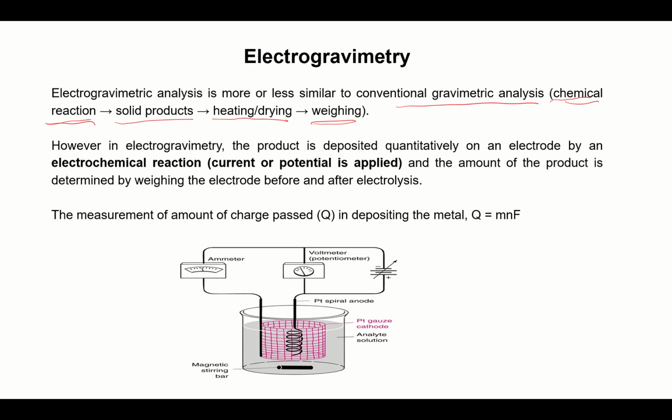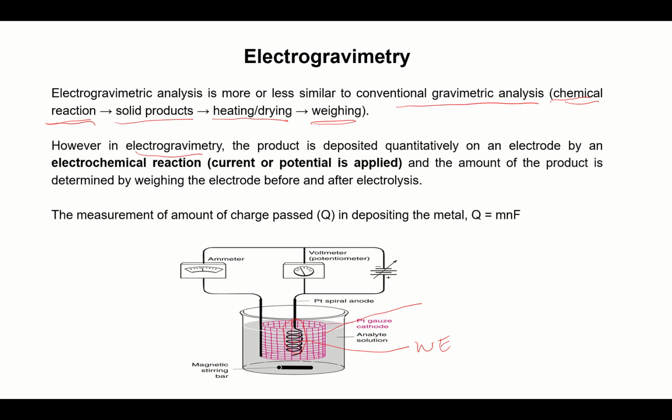However, in electrogravimetry, the product is deposited quantitatively on an electrode by an electrochemical reaction, either using current or potential, and the amount of the product formed will be determined by weighing the electrode before and after electrolysis. So for example, in this case, you have this coil, this is the working electrode.